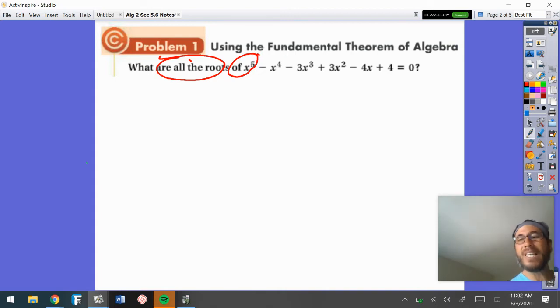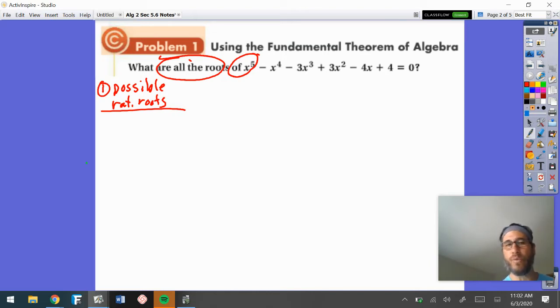The way we get started, step 1, and I'm going to have to erase here because these are big problems. We're just doing 3 of them, so stay focused, stay with me. The first thing we have to do when it says to find all roots is find the possible rational roots. How do I find them? Well, I look at the last term, which is 4, and find all the factors.